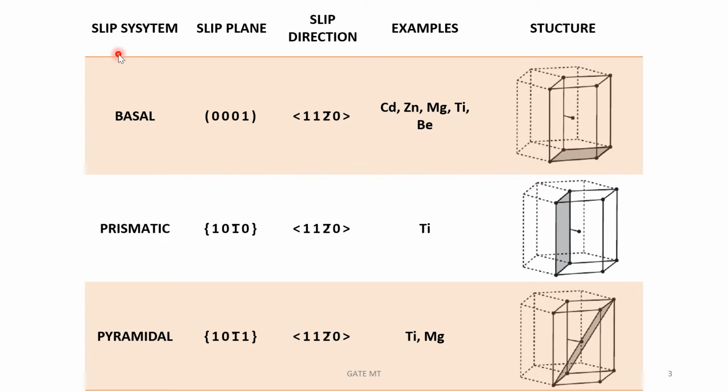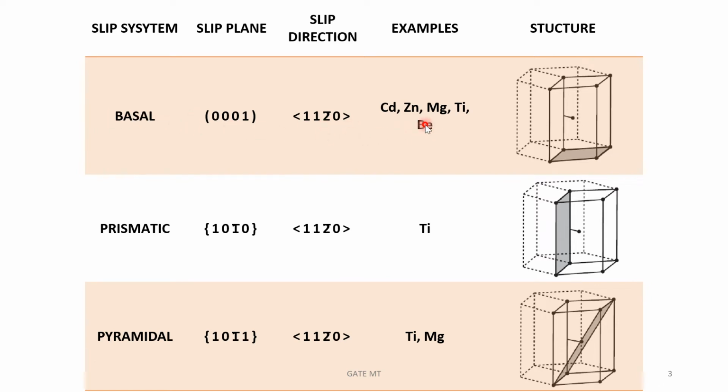Moving on, you might remember that the number of slip systems in an HCP crystal is 3: basal, prismatic and pyramidal. Basal is the most common slip system in an HCP crystal, the usual slip system in the ideal case, and it consists of the slip plane 0001 and the slip direction 112 bar 0.